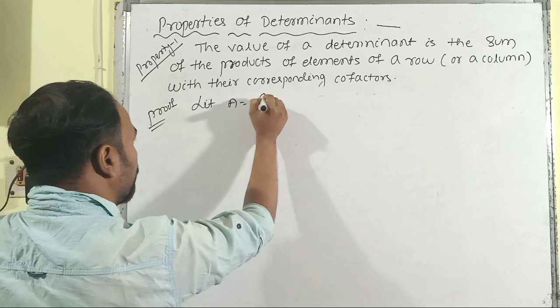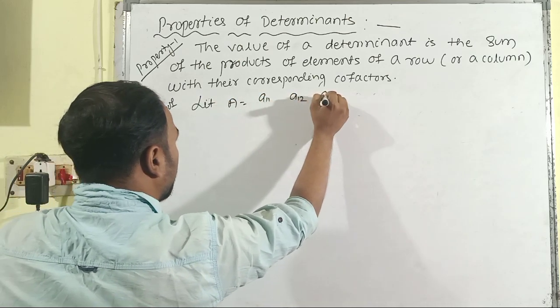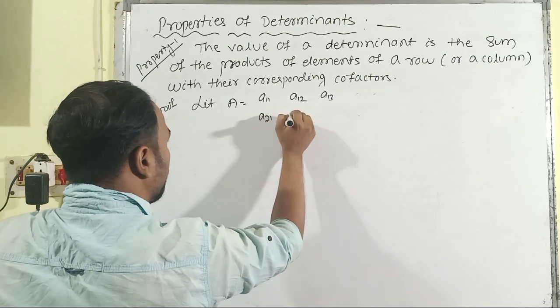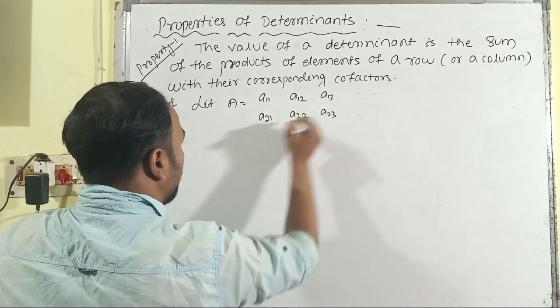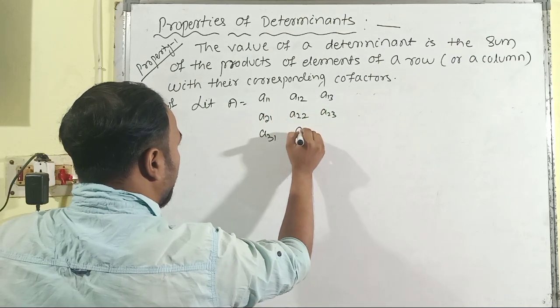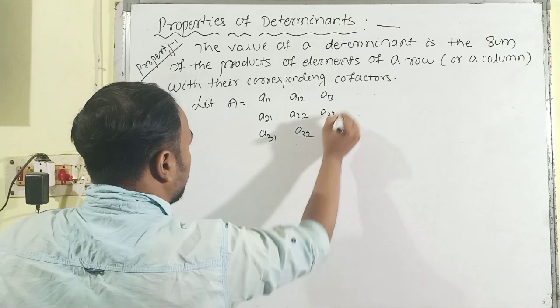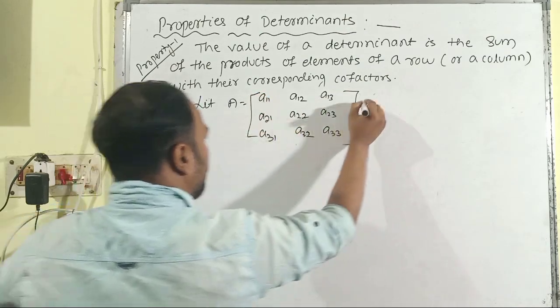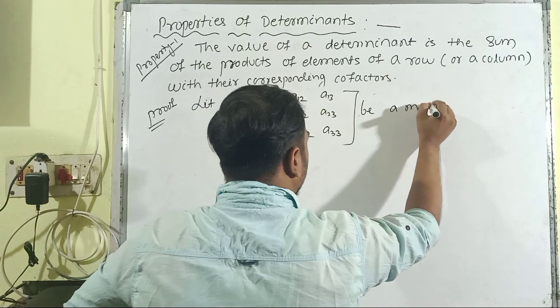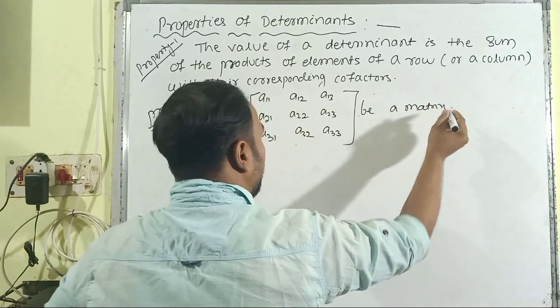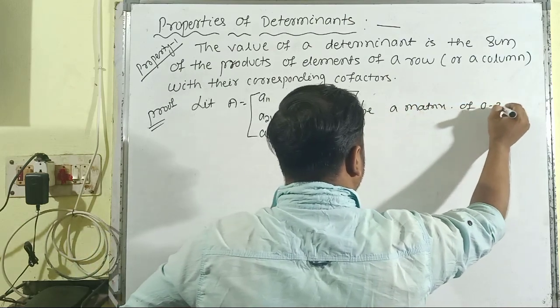Let A = [A11, A12, A13; A21, A22, A23; A31, A32, A33] be a matrix of order 3.